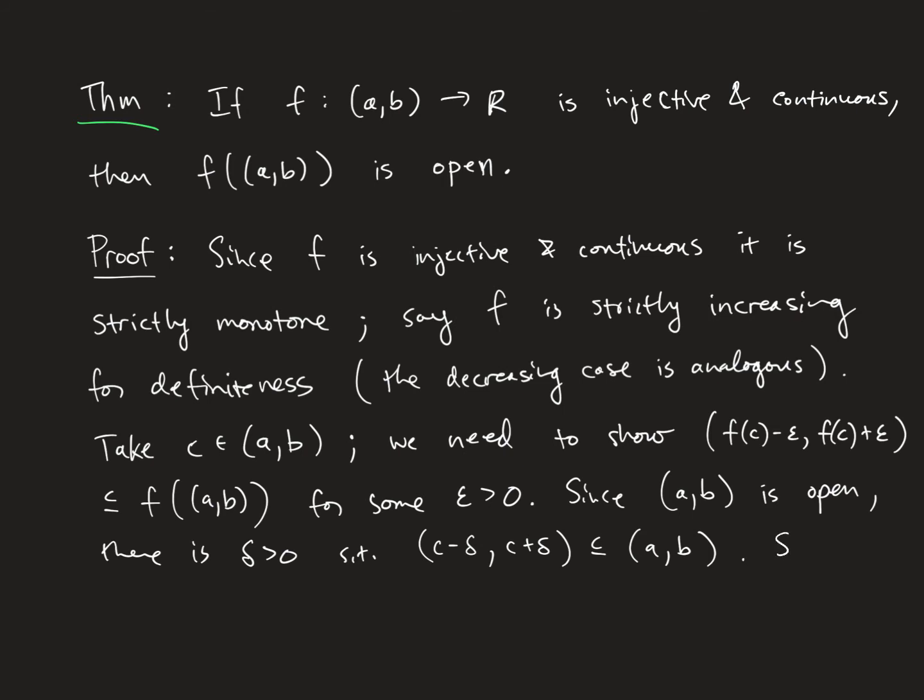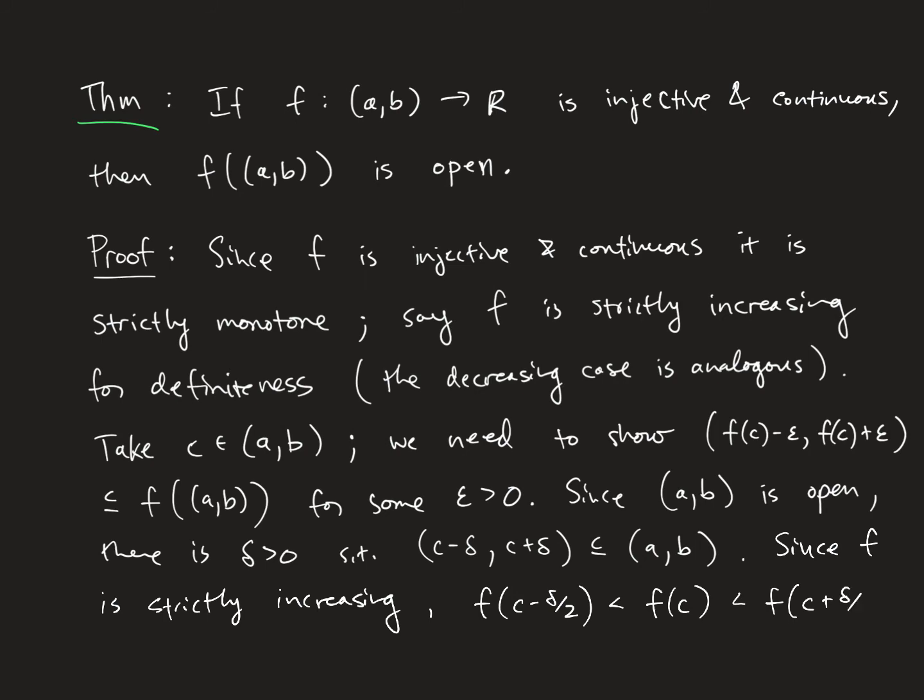So since F is strictly increasing, F of C minus delta over 2 is less than F of C, which is less than F of C plus delta over 2.